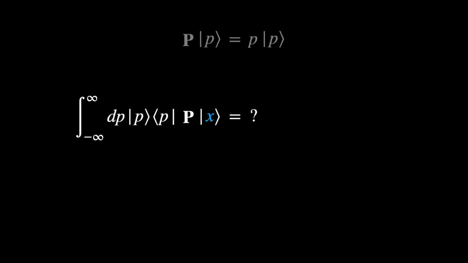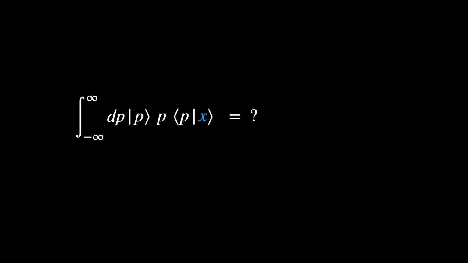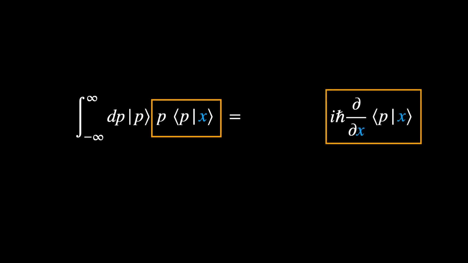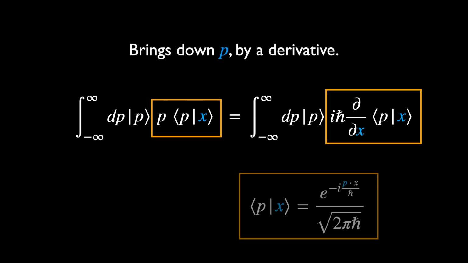This is simplified by using the eigenvector equation, which allows us to replace the momentum operator by its eigenvalues. Notice that the term in the yellow box can be replaced by a derivative of bracket px. This is apparent from the expression of px derived earlier.